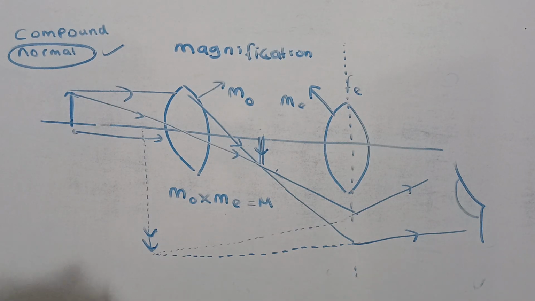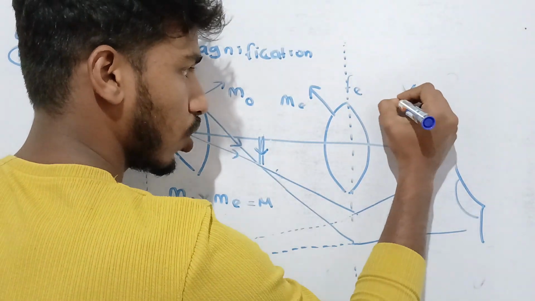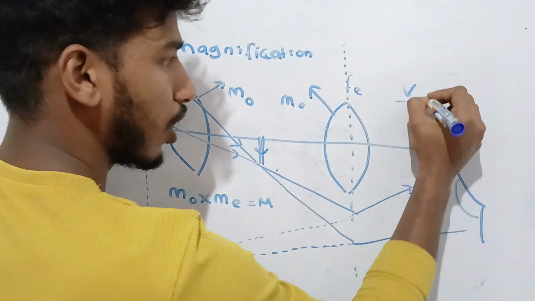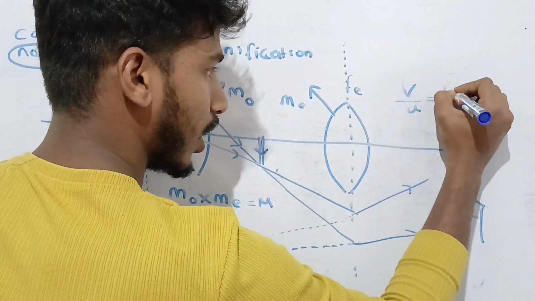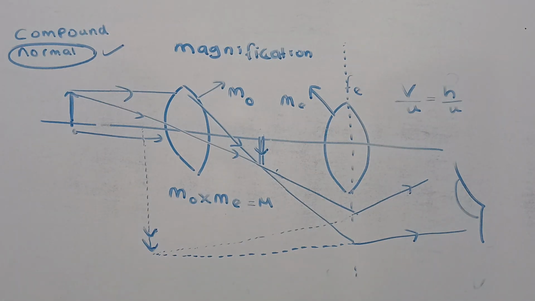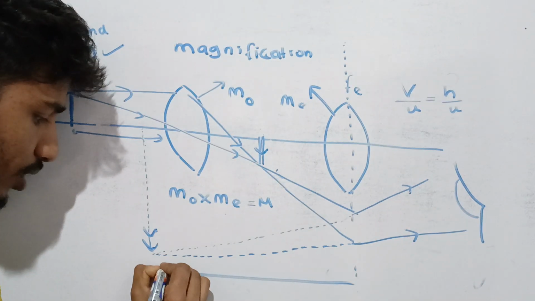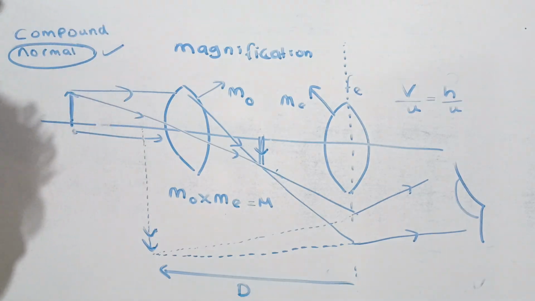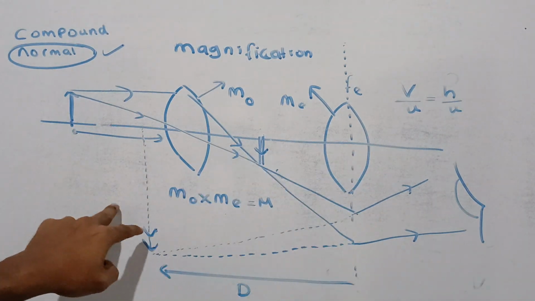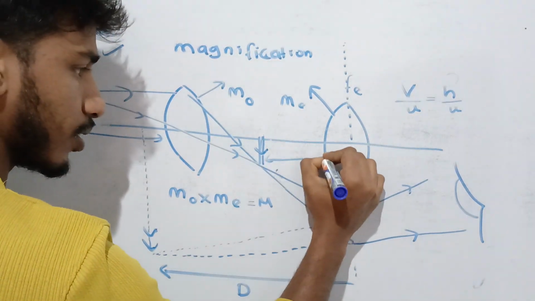We must understand the magnification created by a lens is actually the image distance over the object distance, which is also equal to the image height over the object height. So you know that the image produced by the eyepiece is at the least distance of distinct vision. We know the image created by the eyepiece is at a distance of D, but we don't have an idea about the object distance.